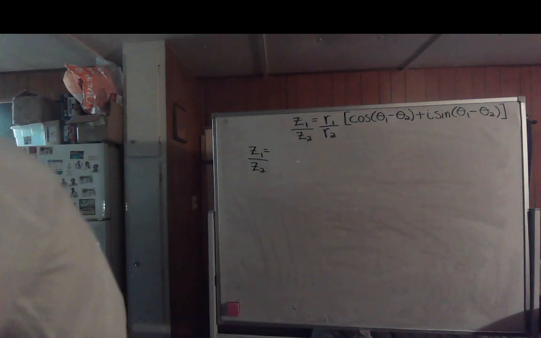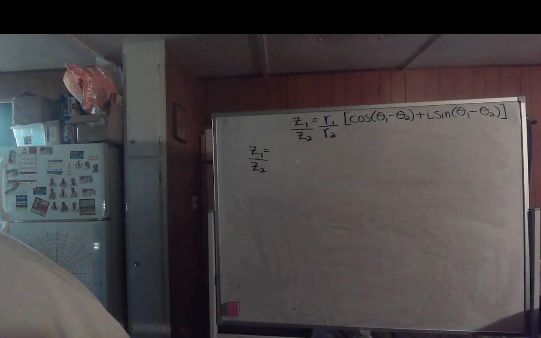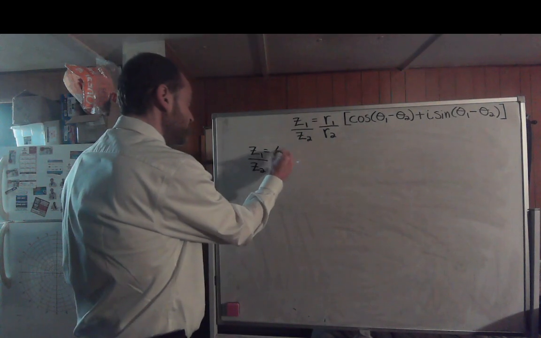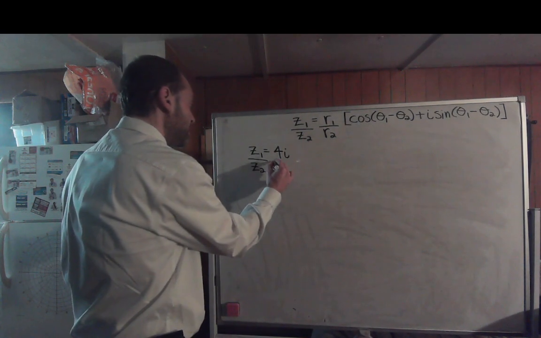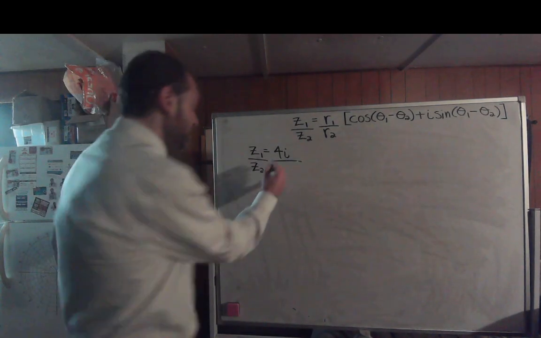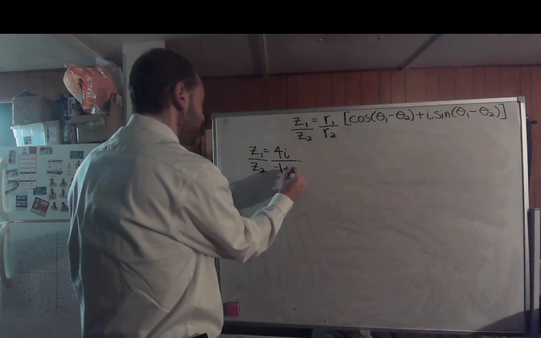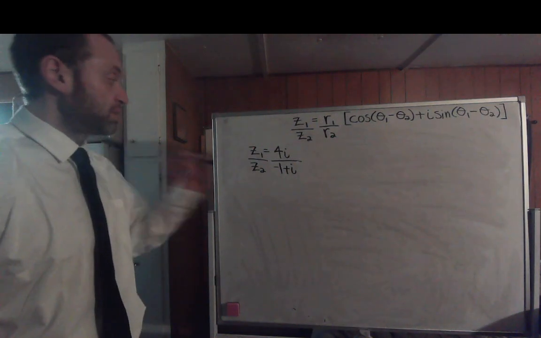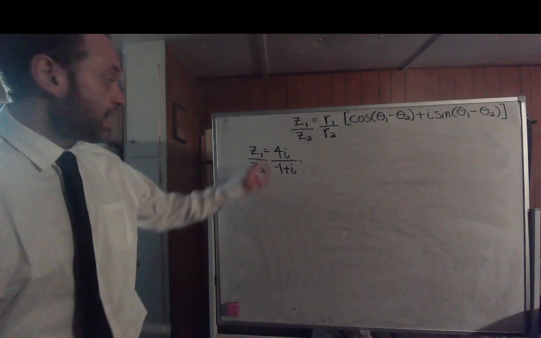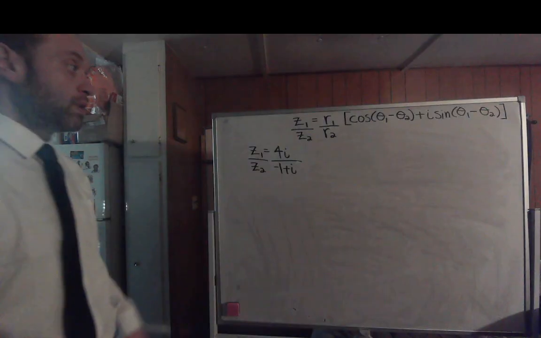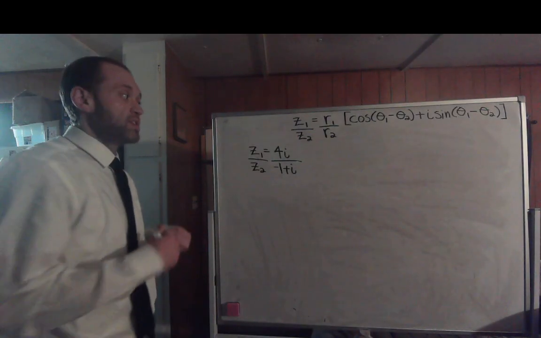All right, so z sub 1 equals 4i. z sub 2 is going to be equal to negative 1 plus i. So we're dividing two complex numbers again. While z sub 1 equals 4i, z sub 2 equals negative 1 plus i. Well, let's go ahead and find our r's and our thetas.